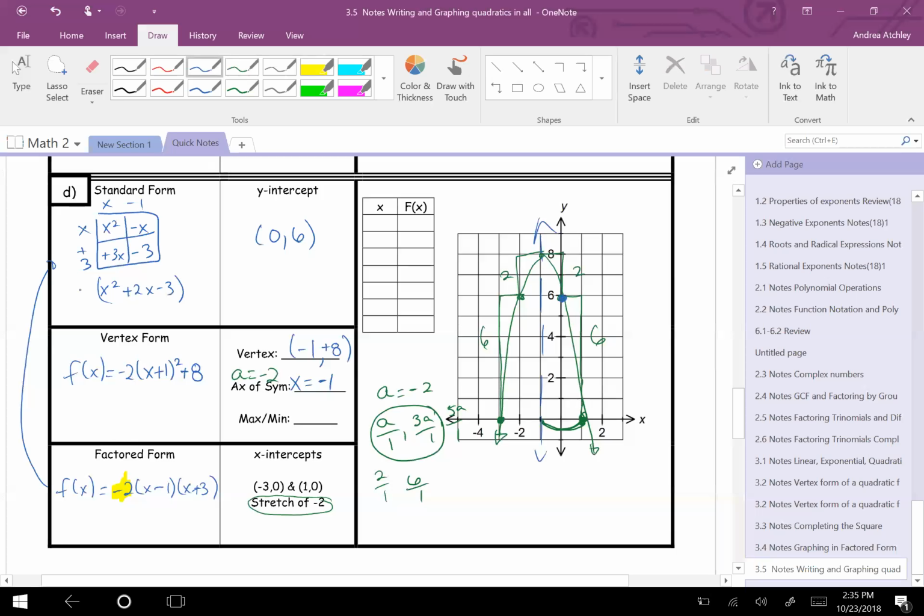But I also have to multiply by the -2, the a value. So I should get f of x equals -2x squared, oh, not plus 4x, minus 4x, right? Plus 6. Any questions over that? We're all good?